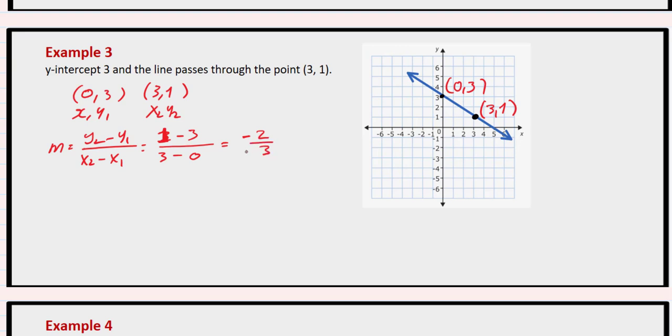Now we know the slope of the line, negative 2/3. So we know the y-intercept. The y-intercept is 3 because that's where the graph crosses the y-axis. So we can say y equals mx plus b form. So we can say y equals negative 2/3x plus 3. That will be the equation of the line.